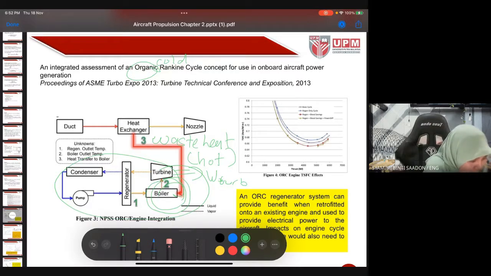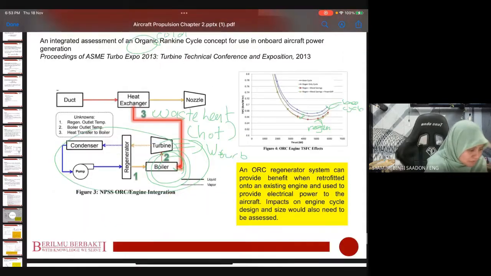This purple one is the base cycle without the ORC, and the red and green are the ORC with the regenerator and bleed saving. So the TSFC can be reduced if they integrate this concept. So this is one idea.